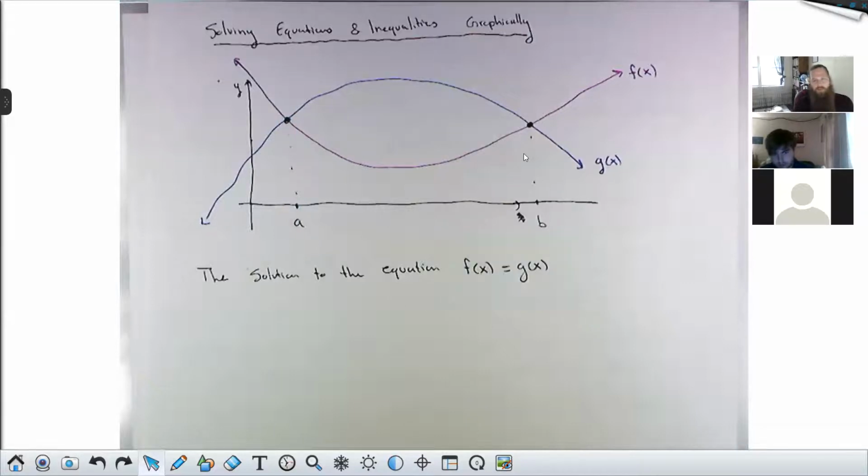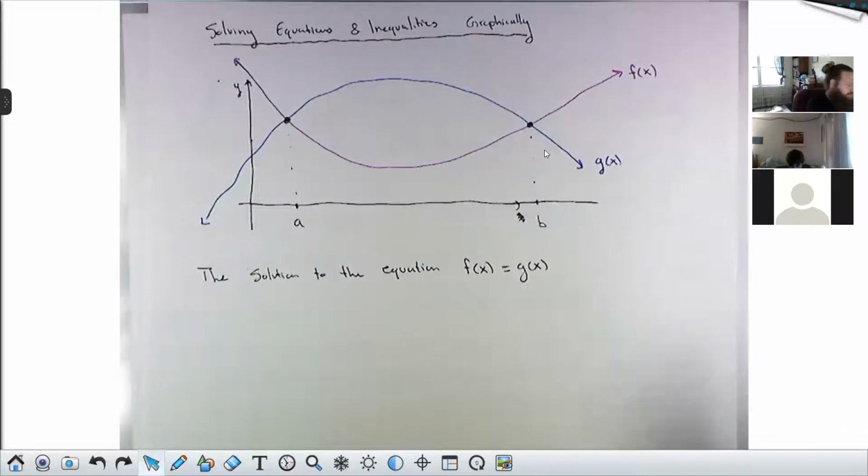And by precisely that same logic, if you look at this point right here, along the purple graph, this is the point b comma f of b. And along the blue graph, this is the point b comma g of b. They both have the same x value, of course, but the fact that they have the same y value is the big deal. Those graphs touch there. And that means that f of b is equal to g of b.